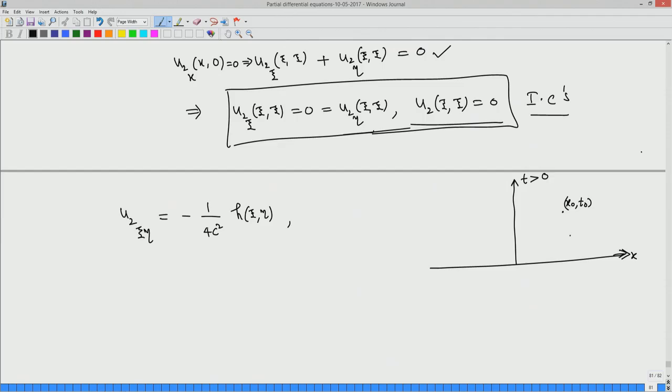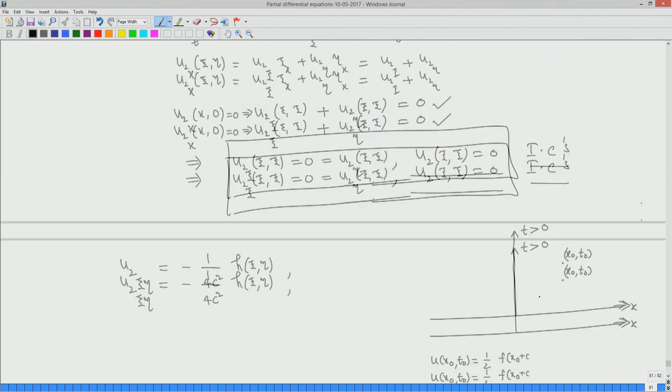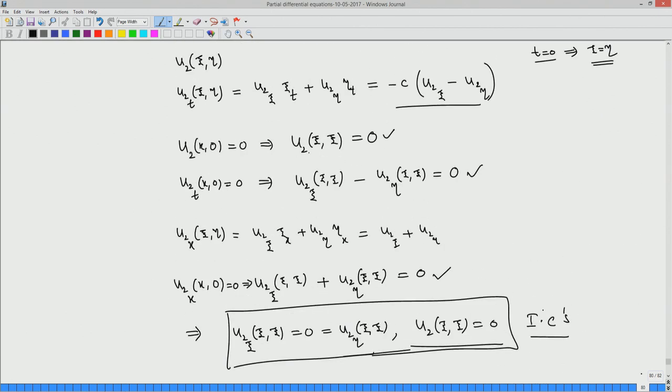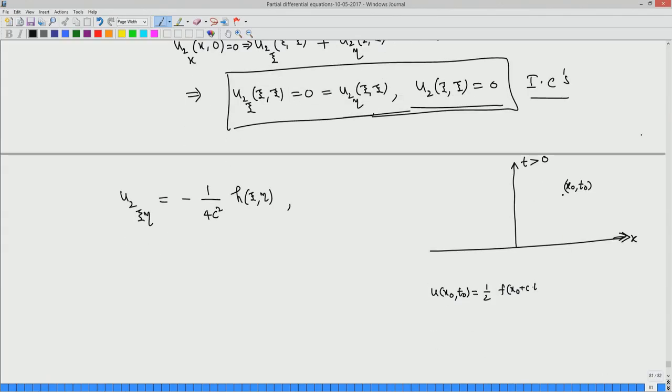If you look at the D'Alembert solution u(x, t), then u(x naught, t naught) depends on half of the initial data, that is f at x naught plus c t naught, plus f at x naught minus c t naught, plus 1 by 2c times the integral from x naught minus c t naught to x naught plus c t naught of the other initial data, its velocity, g of x dx.